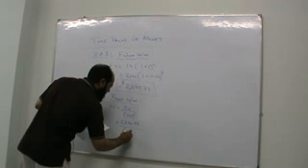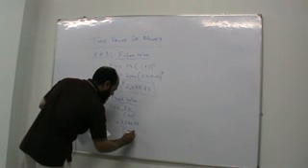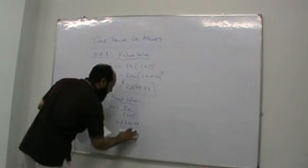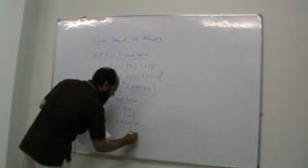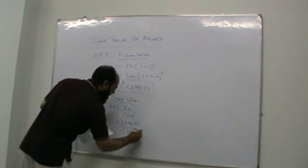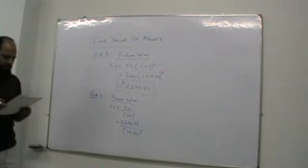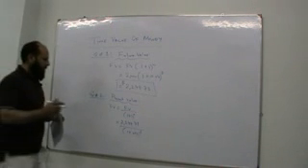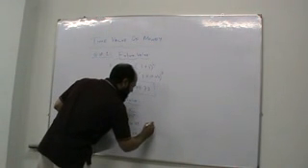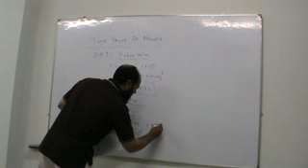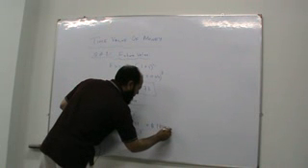The rate of interest is 6%, so 0.06, and n is 3 years. So if you solve it, the answer is 1888.92.